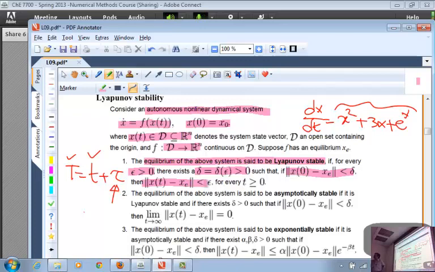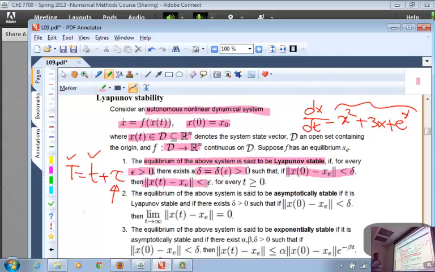So it's saying that for every epsilon, for every parameter that's greater than 0, there exists some delta, which is a function of epsilon, which is also greater than 0, such that if your initial condition minus the equilibrium condition is less than that parameter delta, then there exists some value at some time t minus your equilibrium condition, which would be less than the epsilon which you want.